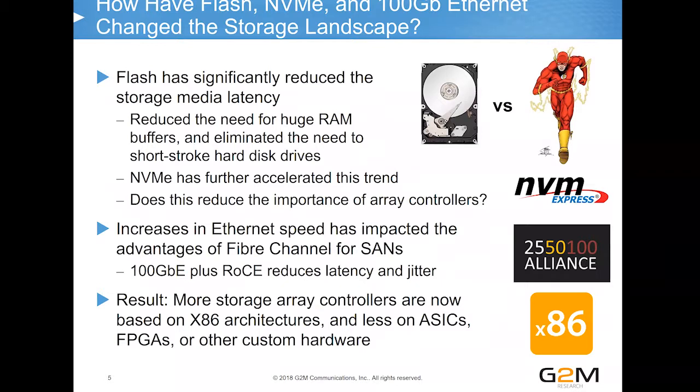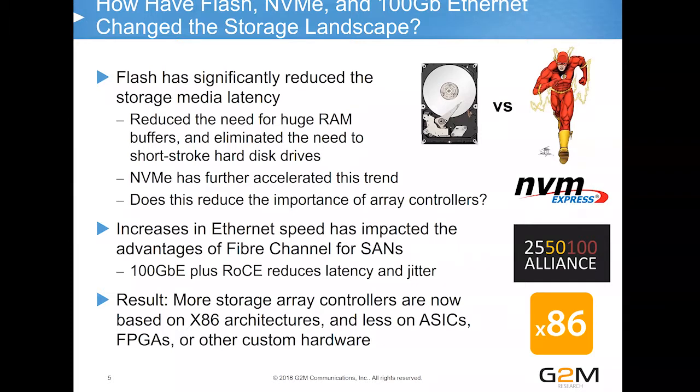Now let's look at how flash, NVMe, and 100 gigabit Ethernet changed the storage landscape. Obviously, flash really reduced storage media latency. Back in the days when I worked for an array company that used disks, you often had large amounts of RAM, and a lot of disks that you short-stroked.